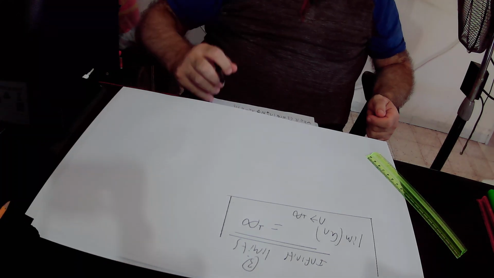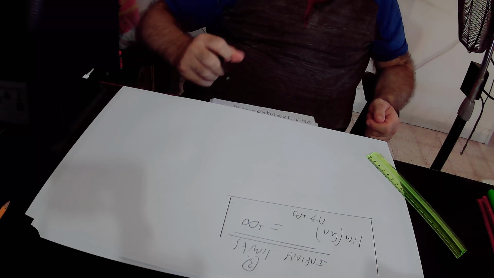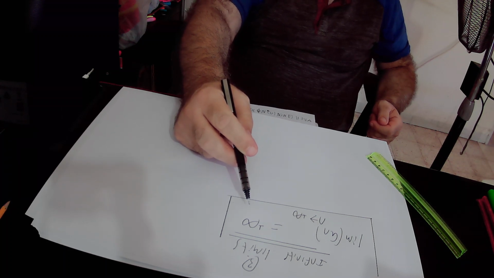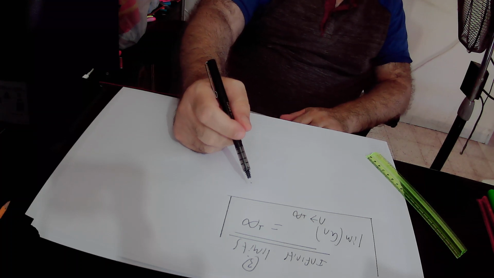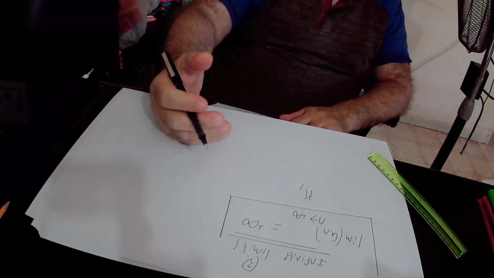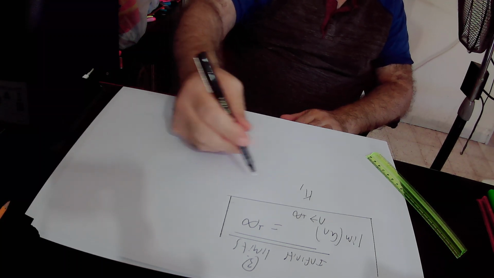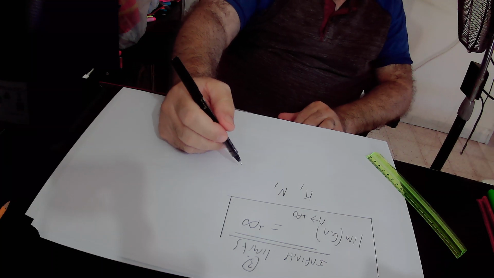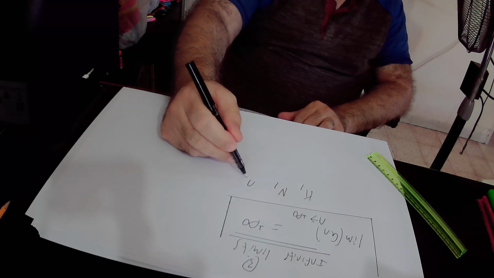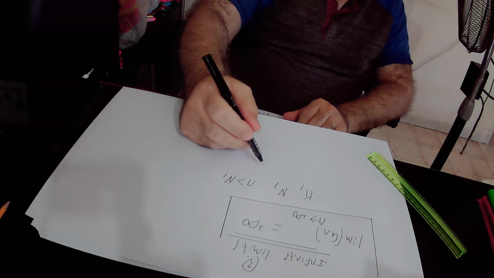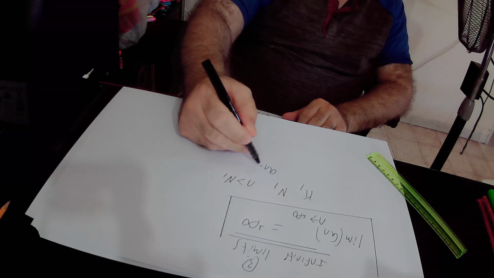For every real number k, as large as we would like, there is a natural number N such that for every natural number n greater than capital N, we will get that AN is greater than k.